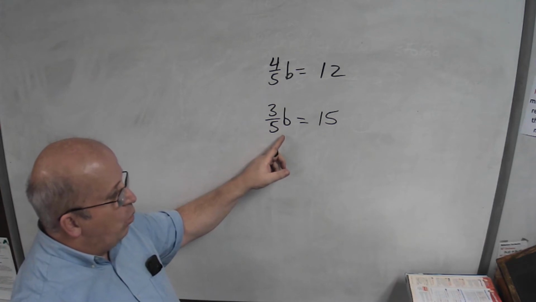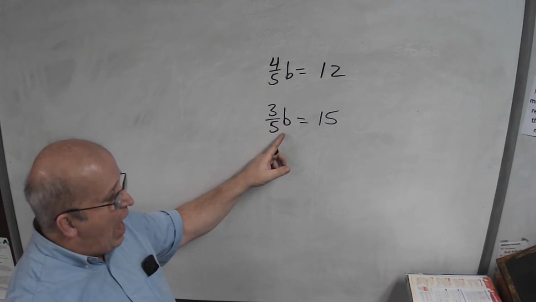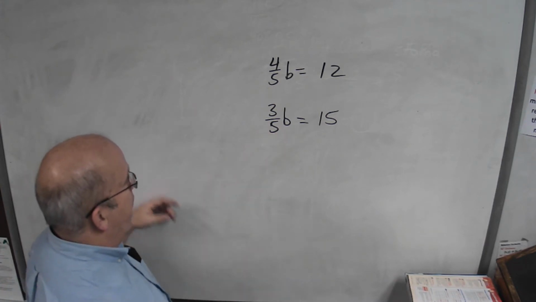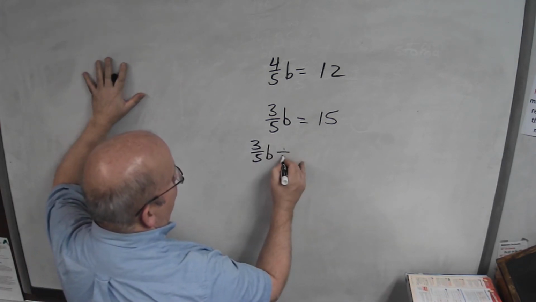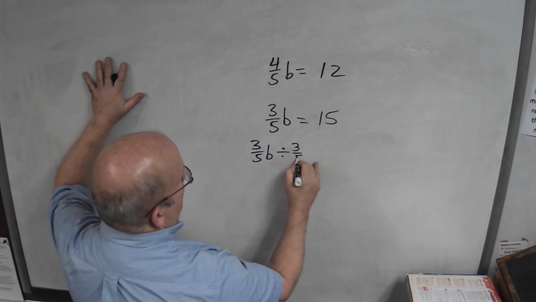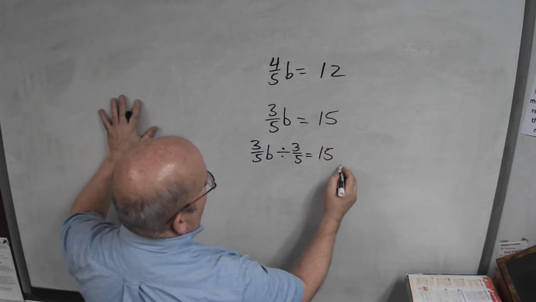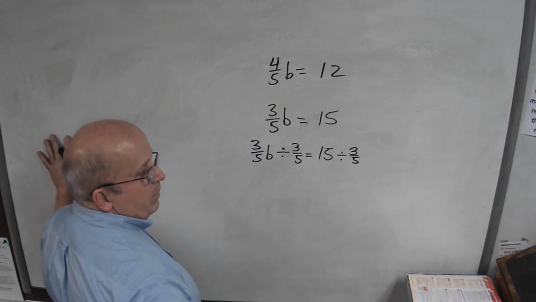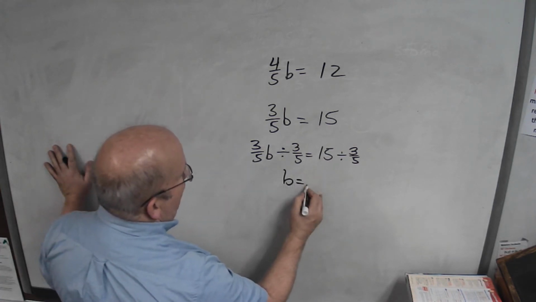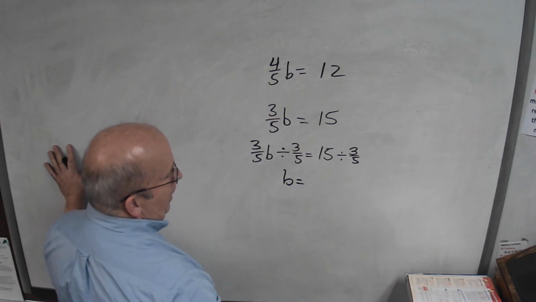If I want to find out what b is, I'm going to do the opposite of multiplying by 3/5. Do you remember that? The opposite of multiplying by 3/5 is dividing by 3/5, and I have to do it to both sides of the equation. Remember that? And so my b value is going to equal whatever that is.